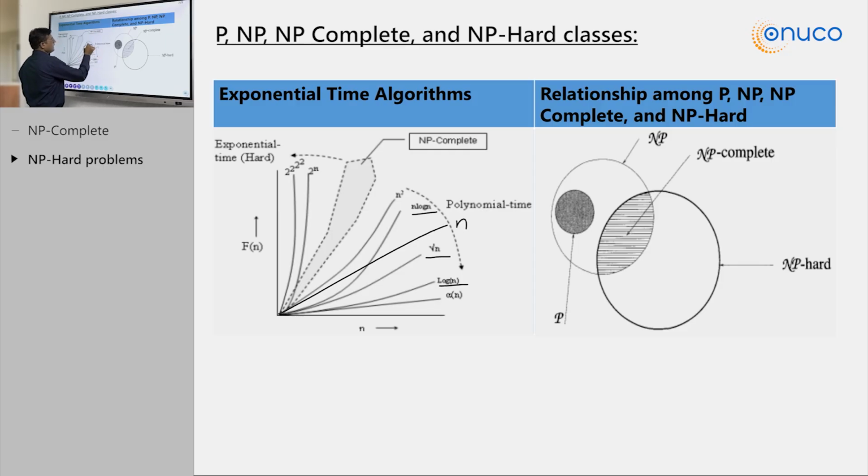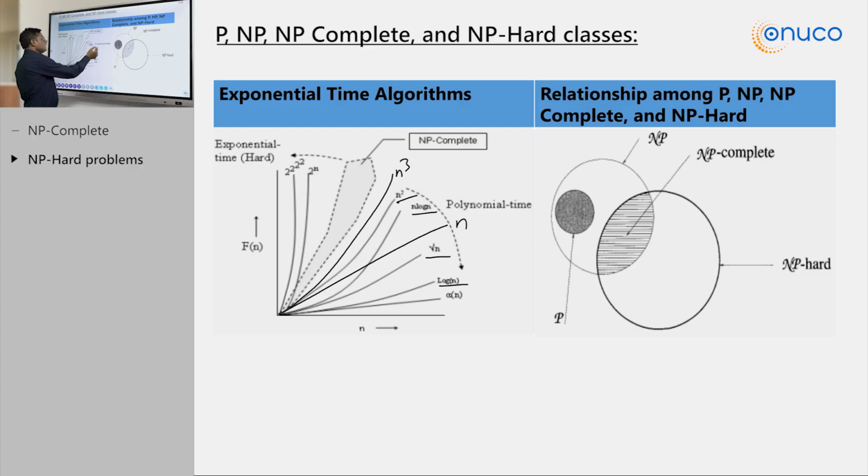Then n log n, n square, and if you go a little further from here, it becomes n cube. So when you are talking about polynomial time, all of these are polynomial time. We have some fixed variable, and with the fixed variable time approach, we are able to solve in that given amount of time.